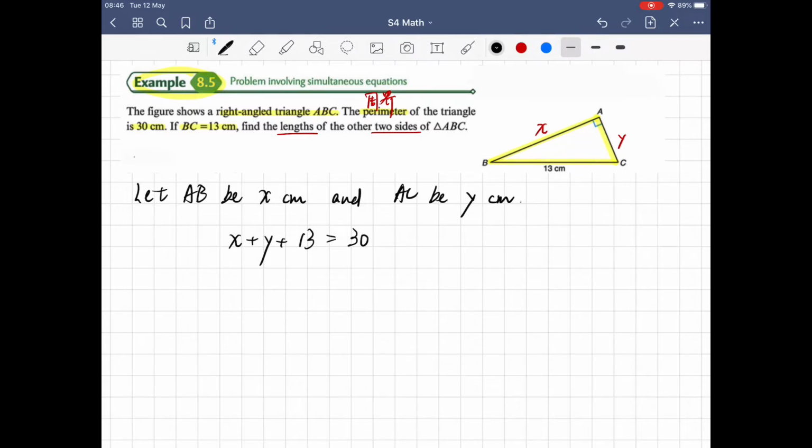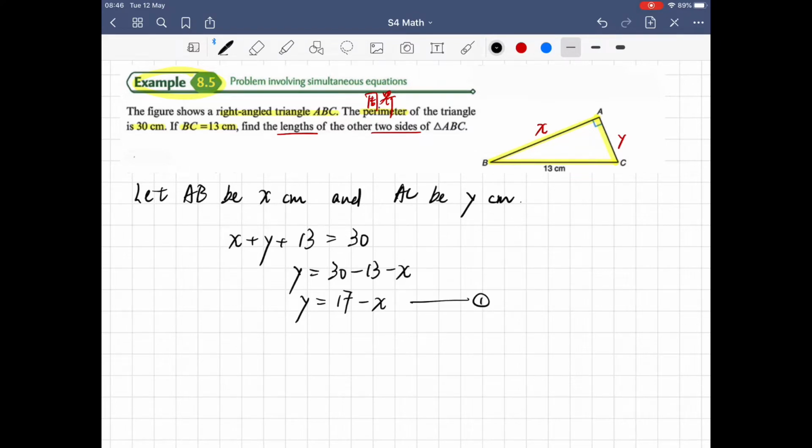Okay, and then I will make y to be the subject so that I have the first equation. So therefore the result is y equals 17 minus x, and this is equation 1. Okay, so we finished making the first equation.